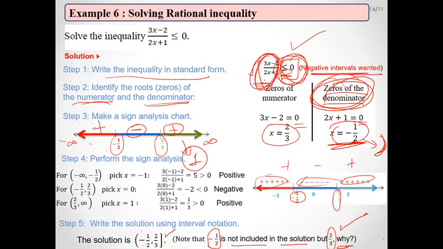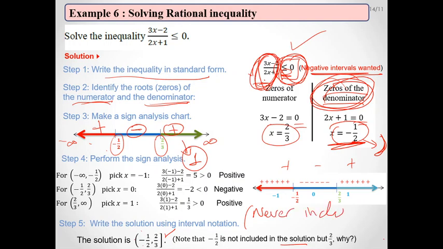So as a rule, we can say: never include the root of the denominator in the solution interval. Never include. So this is always with -1/2. We do not include it.